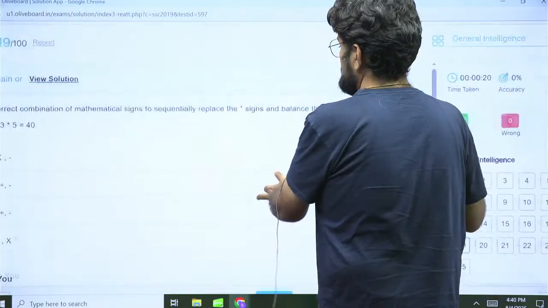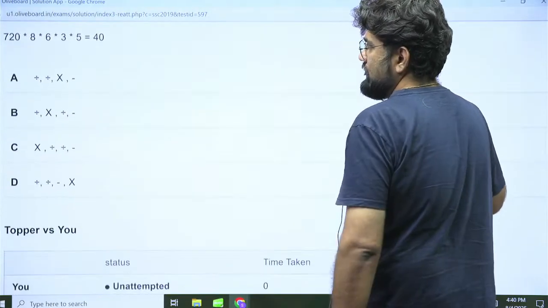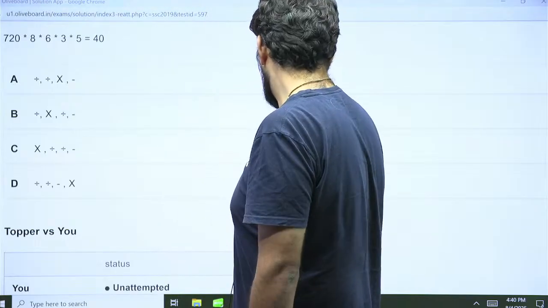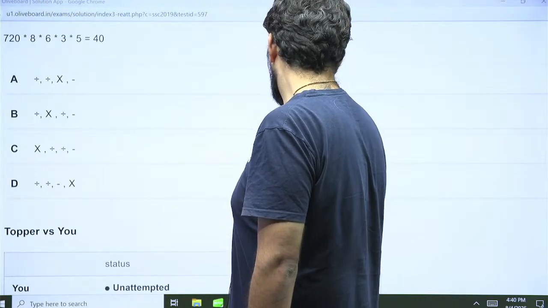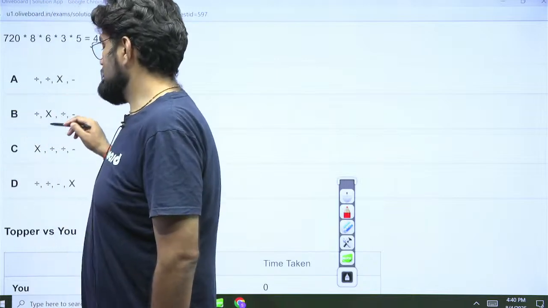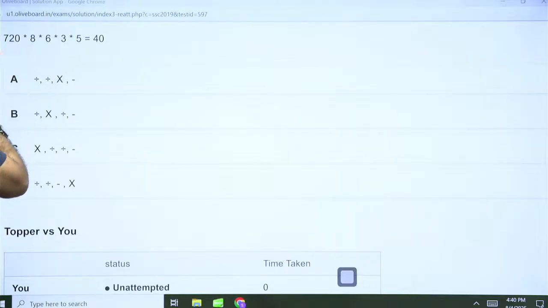Next. Sequentially place the signs to complete the equation. Again, we have division signs. So just quickly check that out. I'll come here. So this is 90, 2 divisions.